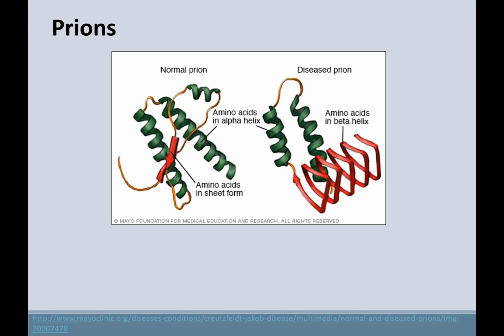So this part of the lecture is about prions. And prions are really interesting. They are infectious proteins. So there's no genetic material, there's no capsid, there's no cell.